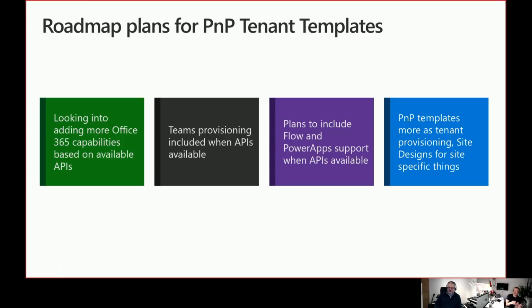There's development happening in all of these teams to have more administrative APIs and tenant level control APIs available. And whenever those APIs are available, we can actually start using those APIs in the PnP Tenant Templates. And we also then accept pull requests and improvements on the templating model at that point. Yep.